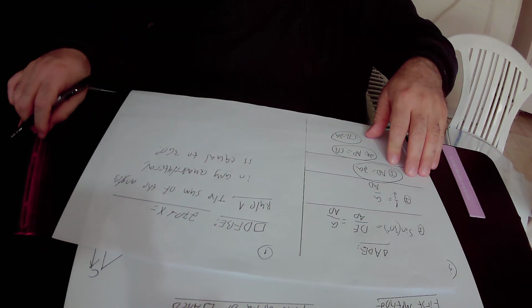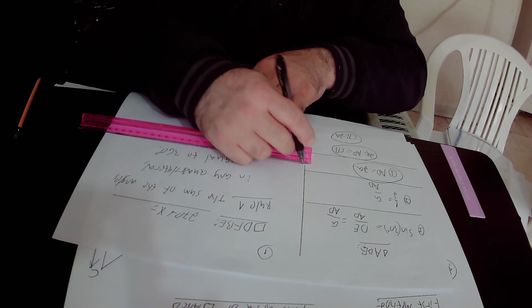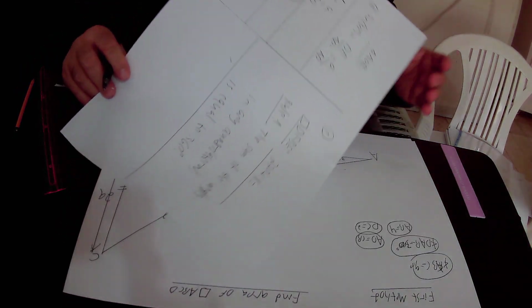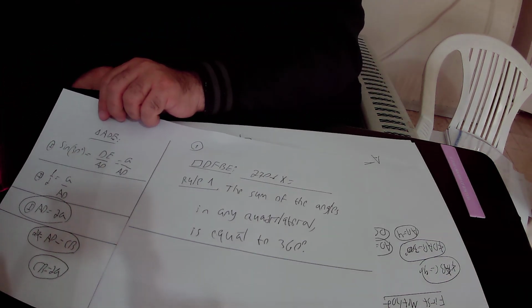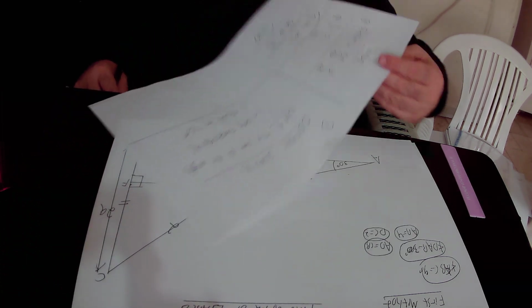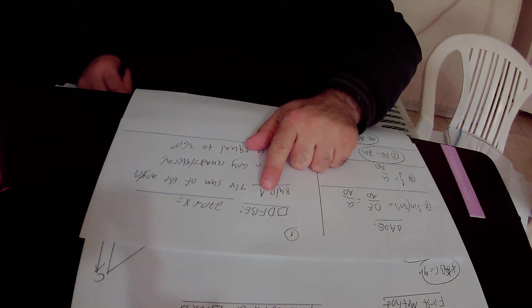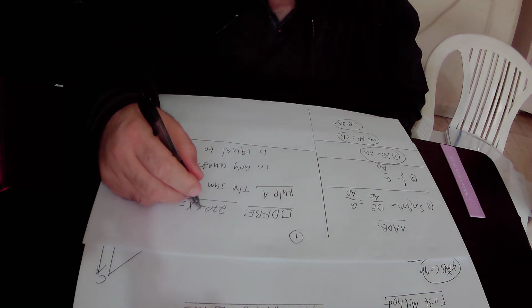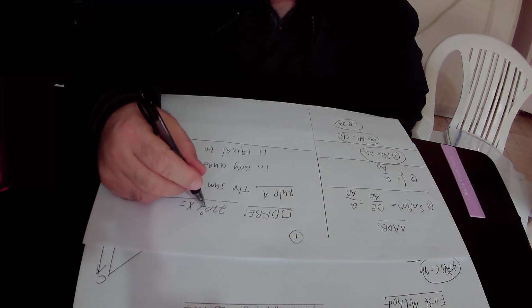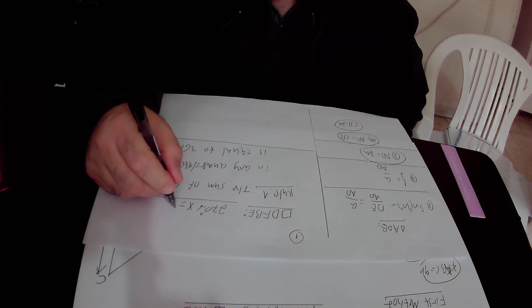So I will read again rule number 1: the sum of the angles in any quadrilateral is equal to 360 degrees, and especially in quadrilateral DFBE, the sum of its angles must be equal to 360 degrees. That is to say, 270 degrees plus the size of angle X must be equal to 360 degrees.